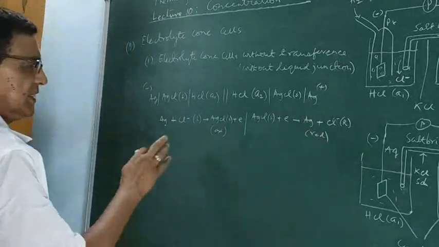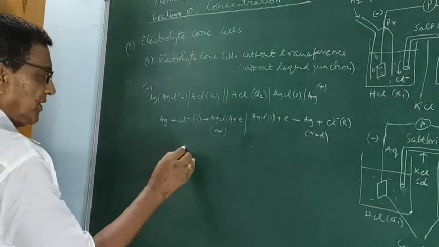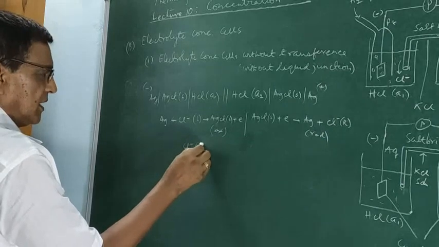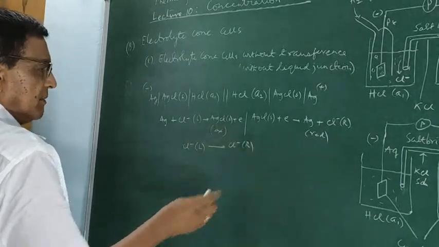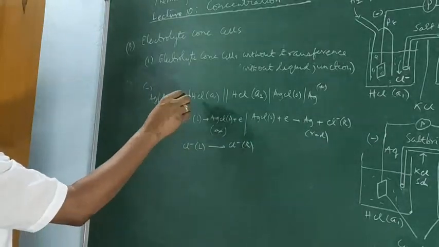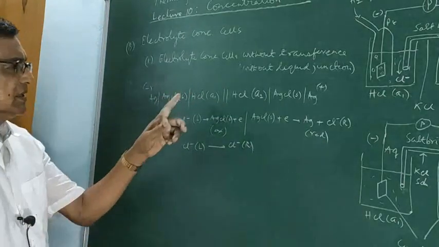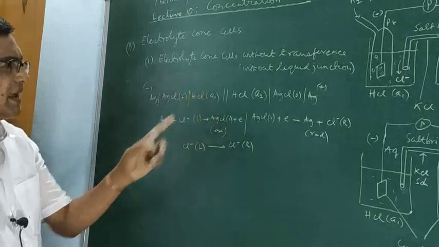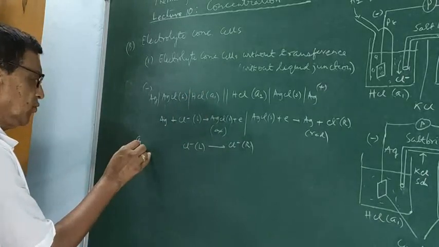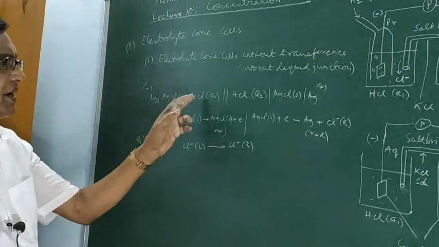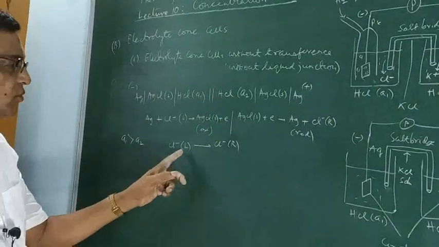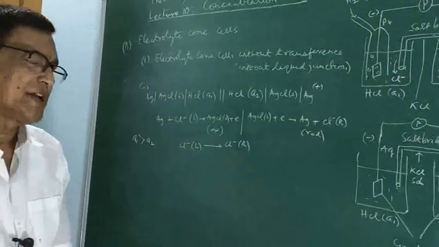So for the net cell reaction, we have Cl minus on the left and Cl minus on the right. This means the hydrochloric acid with activity A1 must have higher concentration or higher activity than the other, A1 greater than A2, in order to make this process spontaneous.